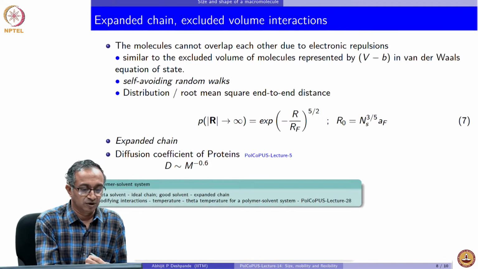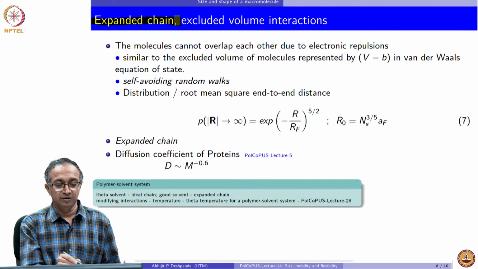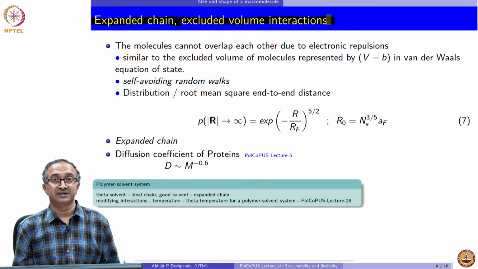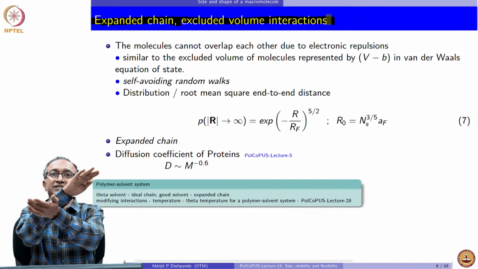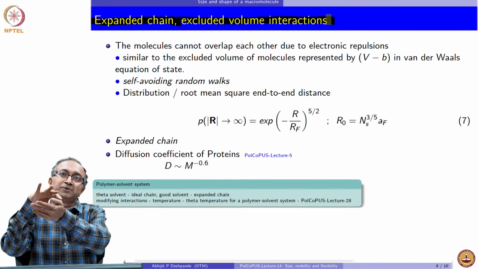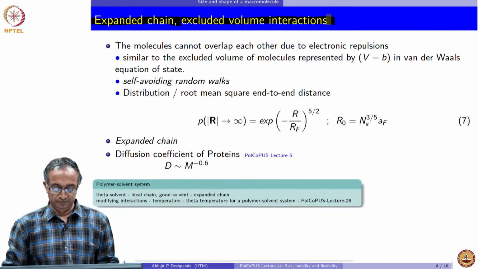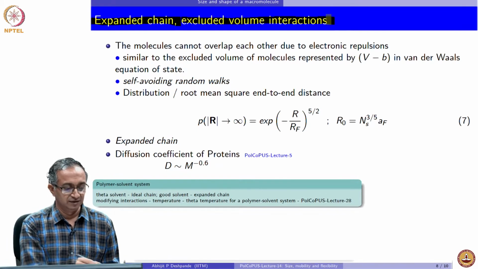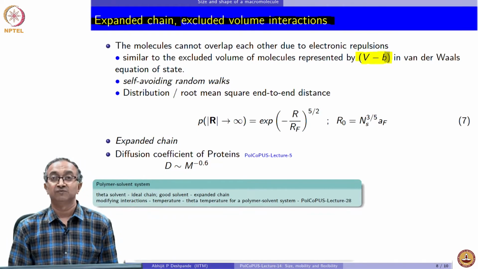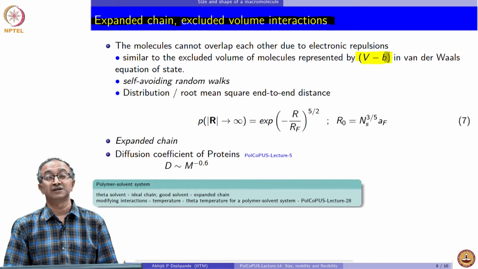We have models associated with the expanded chain, also called excluded volume interactions: the fact that two polymer chains cannot overlap and therefore there is some volume which is excluded, because one part of the chain is there, so the other part of the chain cannot occupy the same volume. By the way, this is very similar to the van der Waals equation, where instead of V we say V minus B, where B signifies the volume occupied by the molecules themselves.